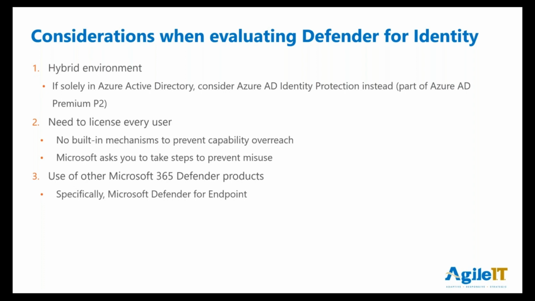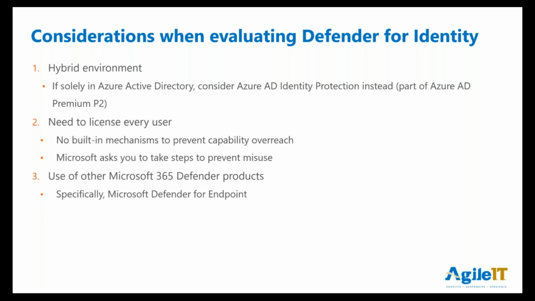And then lastly, the use of other Microsoft 365 Defender products. If you are already evaluating another one and you've been considering identity, or if you already have other Defender products in place, they're all stronger when they're with each other. One way you can do that is through add-ons. Another way is just by getting one of the licenses that has them all bundled in. Again, we'll talk about that next slide.